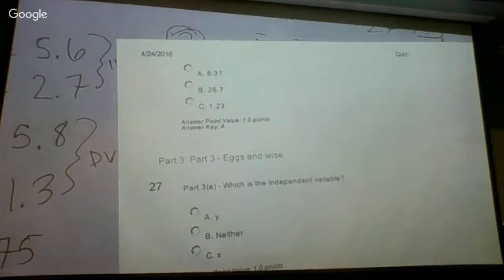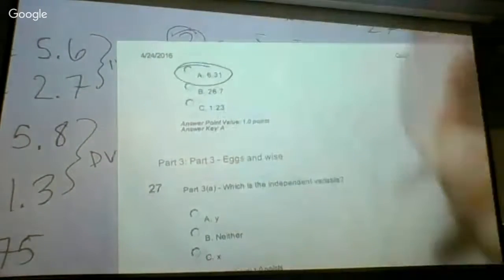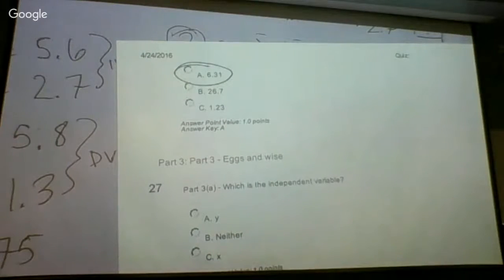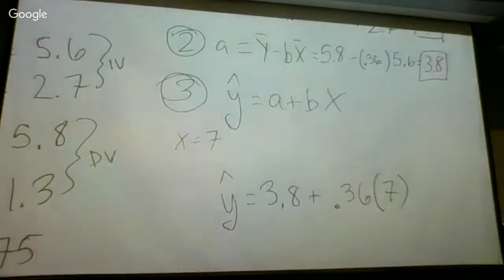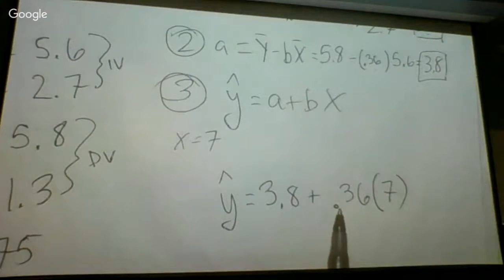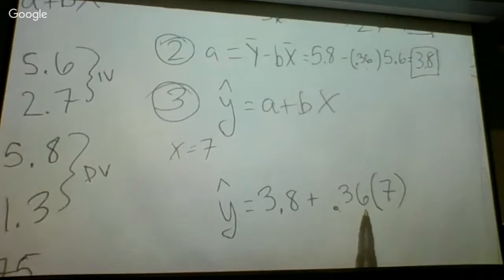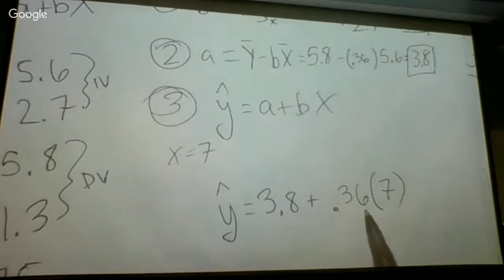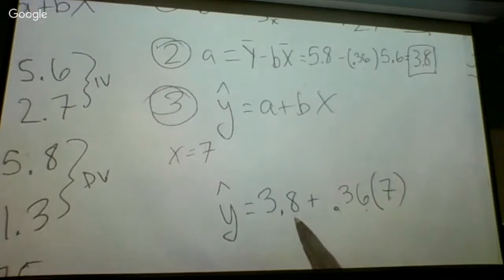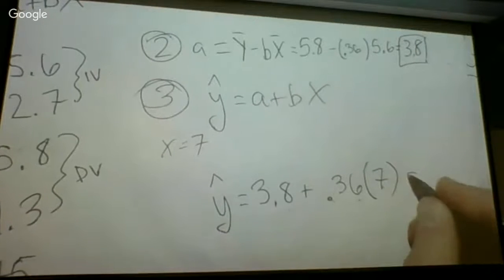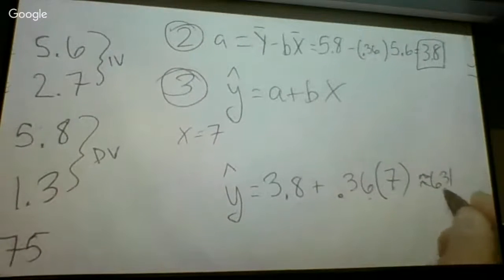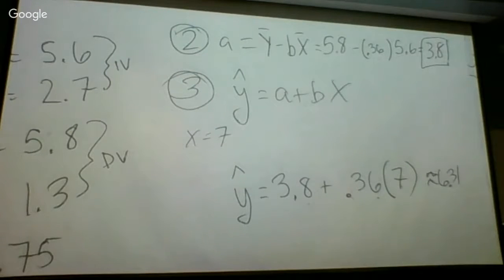Oh, I got 6.31. That's just arithmetic. 7 times 0.3 is 2.1, 7 times 0.06 is 0.42, 2.1 plus 0.42 is 2.52, plus 3.8. It's going to be 6 and change, so approximately 6.3. And that's part 2, x's and y.